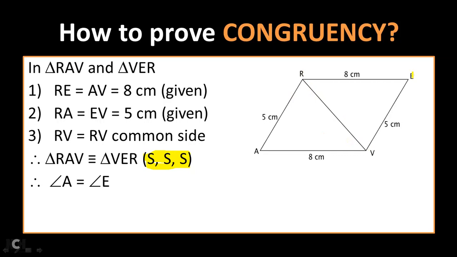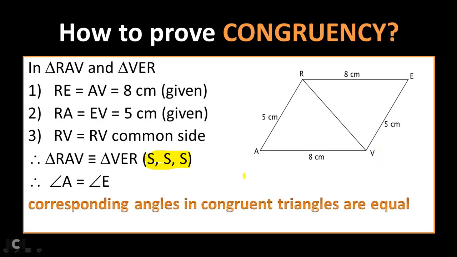Since they are equal, the corresponding angles are also equal. So for example, angle A will be equal to angle E, since they are both subtended by a common side, RV. So this is a reason you can use: corresponding angles in congruent triangles are equal.